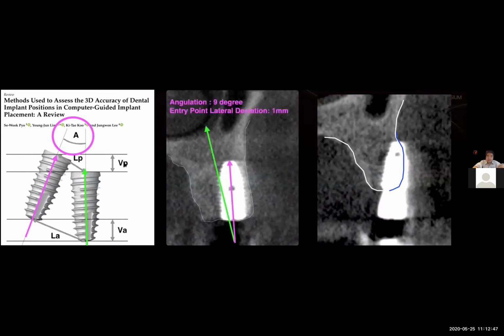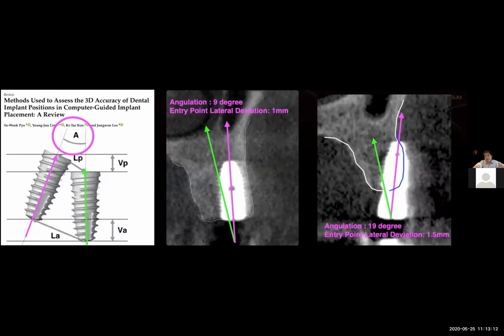For example, this is what I wanted. However, this is how I placed it. In this case, the angulation error alpha is about 9 degrees and the lateral deviation is about 1 millimeter. In this case, the lateral deviation is about 1.5 millimeters. However, alpha is about 19 degrees. Clinically, alpha is a really big issue.